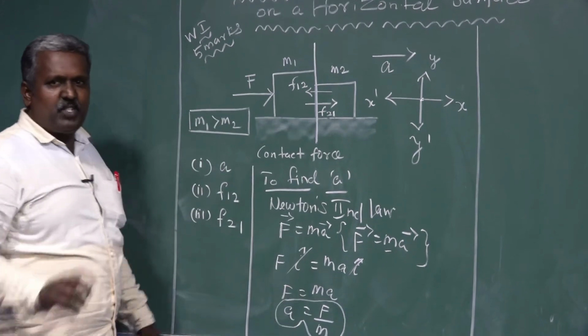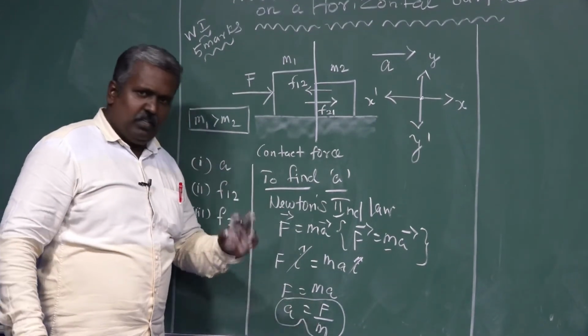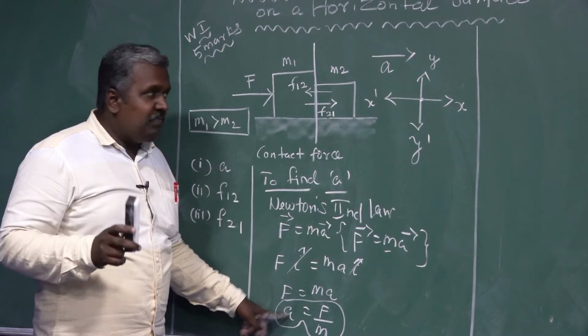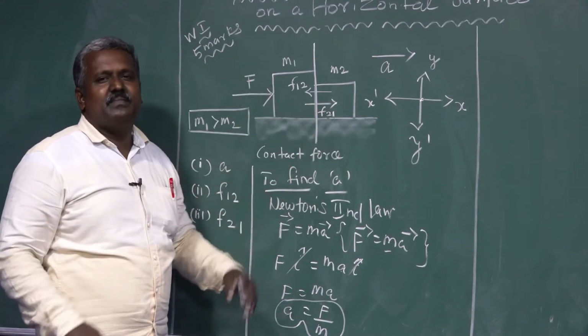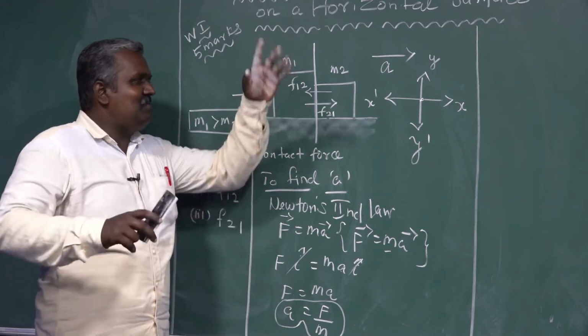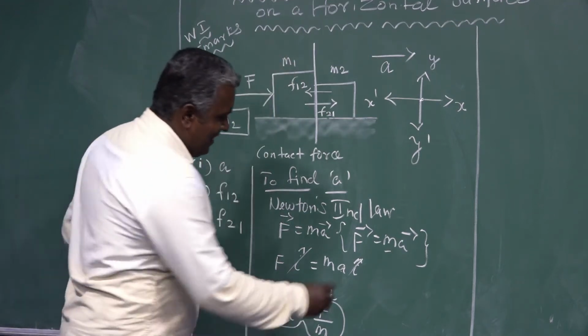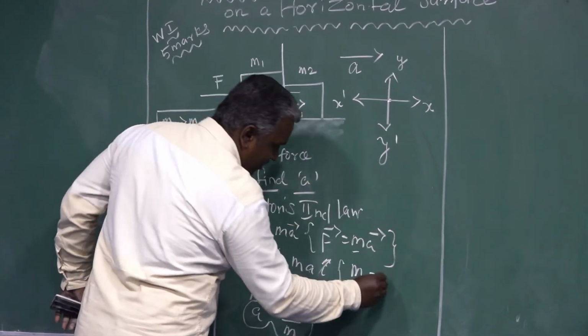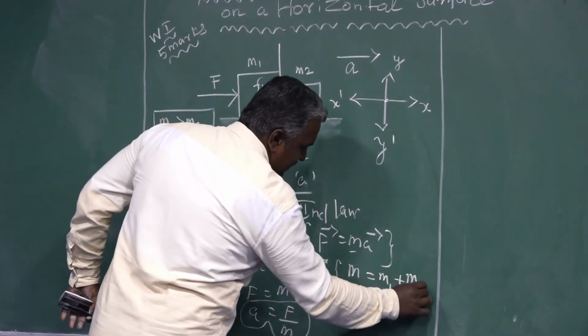But here we should find out the acceleration of the system. What is the mass of the system? Very good. Here the mass of the system M is equal to M1 plus M2.